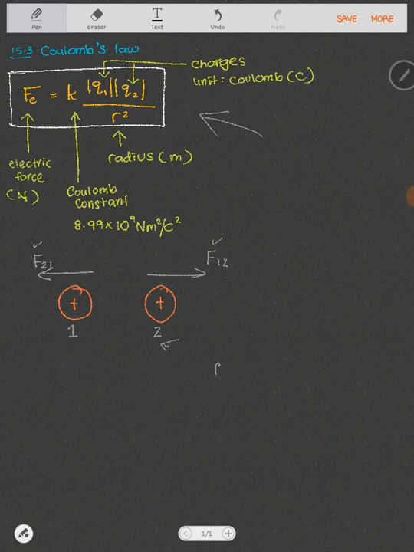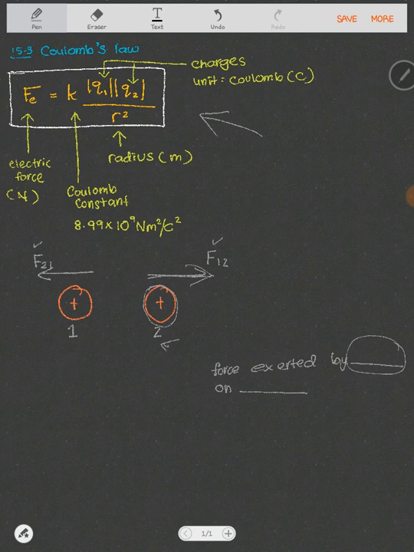Repeat, force exerted by siapa on siapa. Okay, force exerted by siapa yang membuatkan charge yang nombor 2 ni pergi ke arah sini. So mestilah disebabkan oleh charge 1 ni.